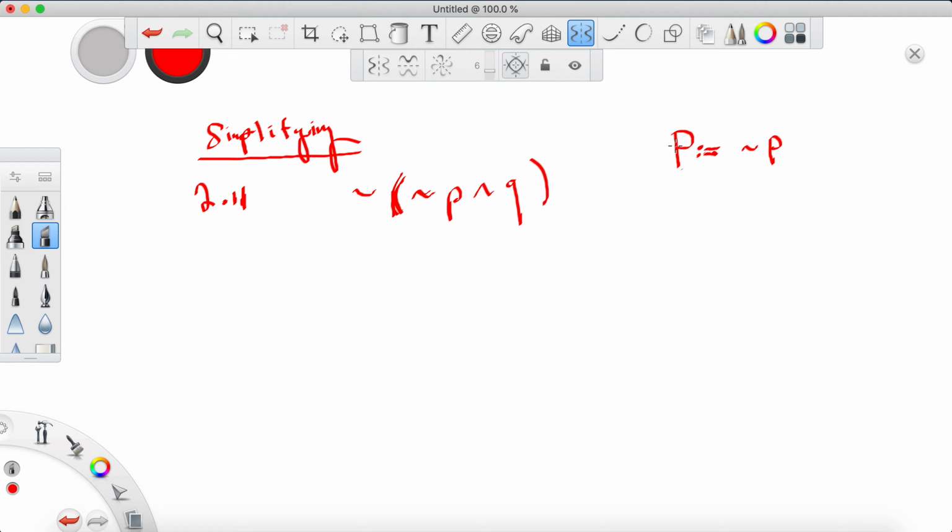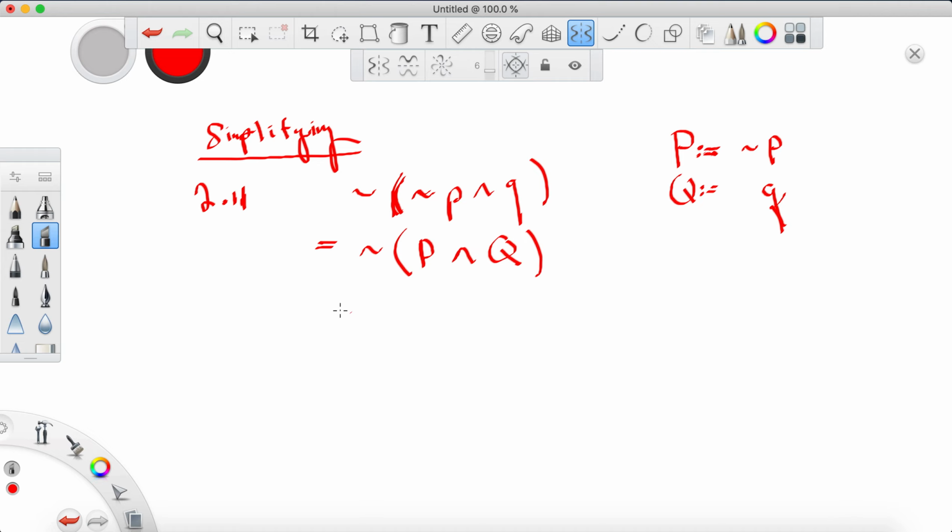Okay, so I'm saying let big P equal not p, let big Q equal q. Okay, so then this is just the same thing as not (P and Q), right?